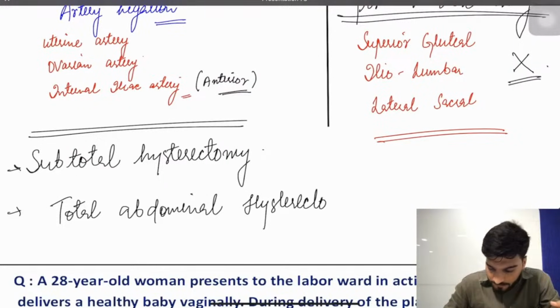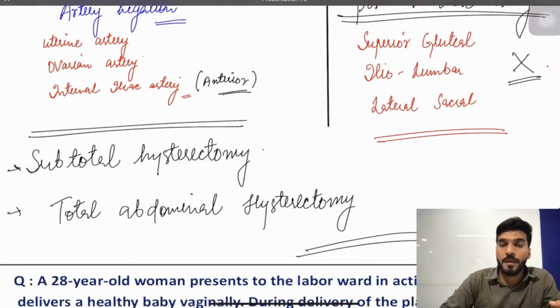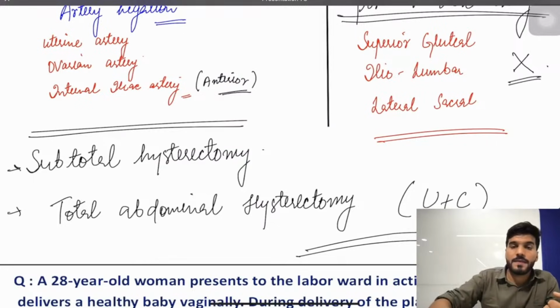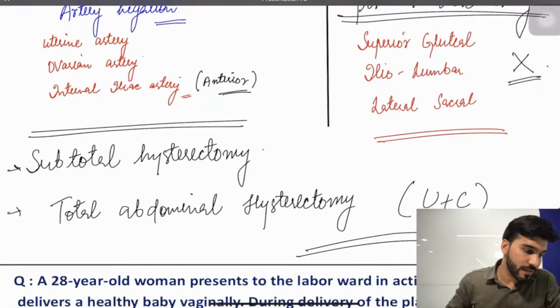Is that clear? That is all about postpartum hemorrhage. Okay, what is total abdominal hysterectomy? Uterus plus cervix. What is subtotal? Only uterus, not cervix. So this is the stepwise treatment for the postpartum hemorrhage.